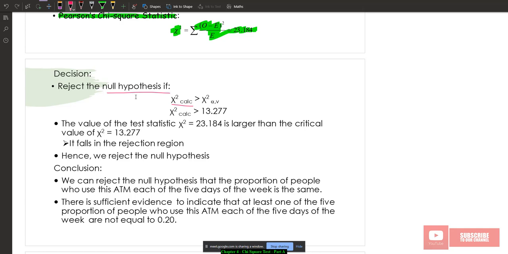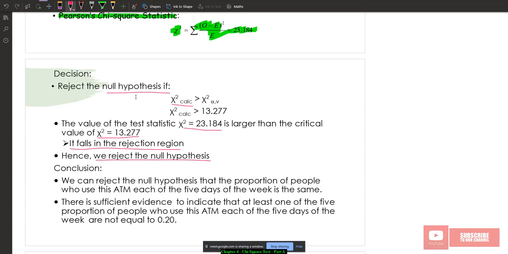Since the calculated chi-squared of 23.18 is larger than the critical value, it falls under the rejection region. So we can reject the null hypothesis that the proportion of people who use this ATM on each of the 5 days is the same.